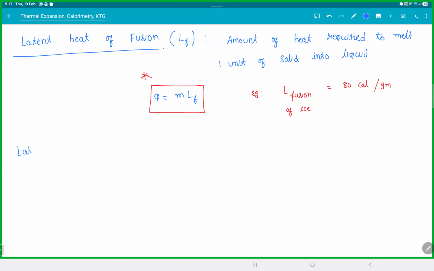Next thing, latent heat of vaporization. This we call LV. This is the amount of heat required to vaporize 1 gram of liquid into gaseous state.